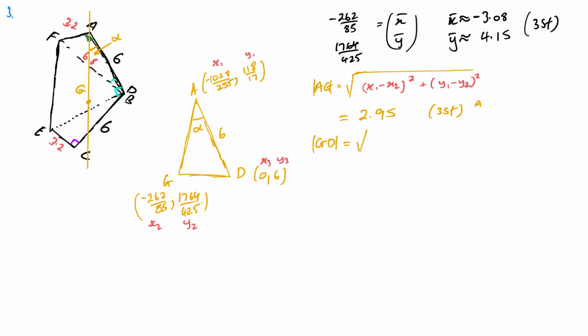We are looking at x3 minus x2 squared plus y3 minus y2 squared. So all I'm doing is the difference in x's squared and the difference in y's squared. And this one gives me 3.59, again to 3 significant figures. And I'm going to store that in my calculator as B, so it's easy to find.